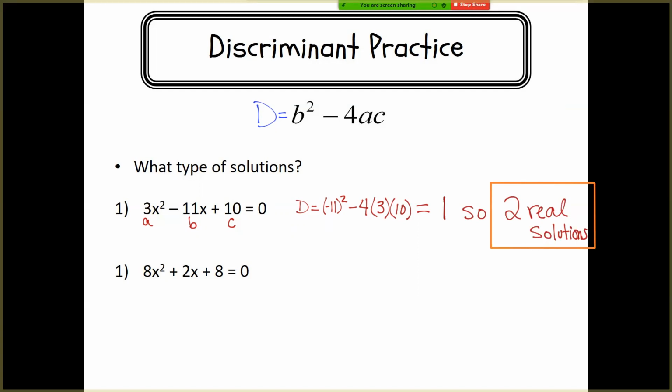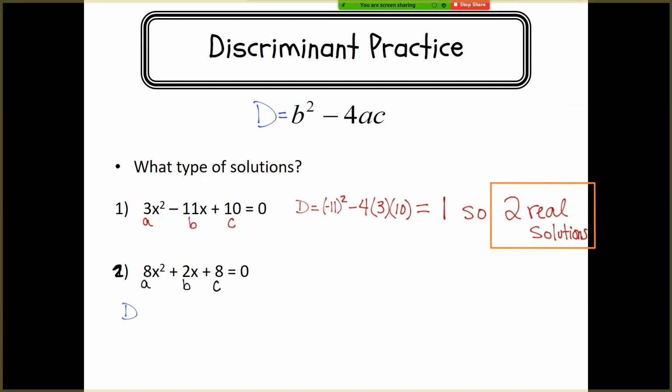Question number 2. We have 8x squared plus 2x plus 8 equals 0. It's already set equal to 0, so a is 8, b is 2, and c is also 8.